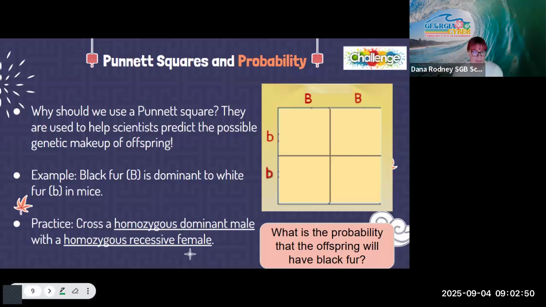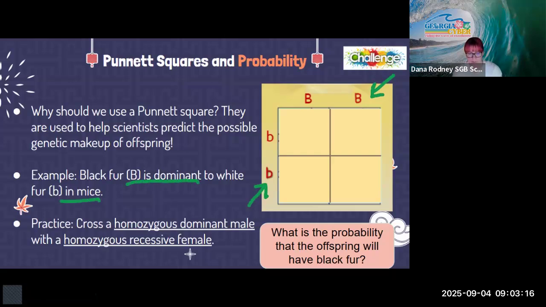Just because we do a Punnett square doesn't mean that's always what we're going to see, but it's going to tell us what is the chance of different things. So for instance, we have a problem here. Black fur is dominant to white fur in mice. So we want to cross a homozygous dominant male, that's this one, and a homozygous recessive female, that's this one. So think about what's the probability that the offspring will have black fur?